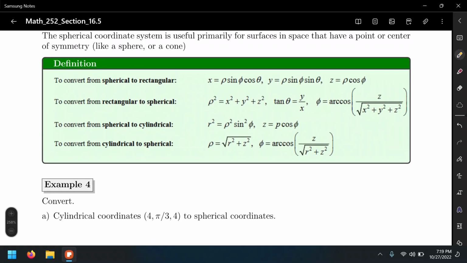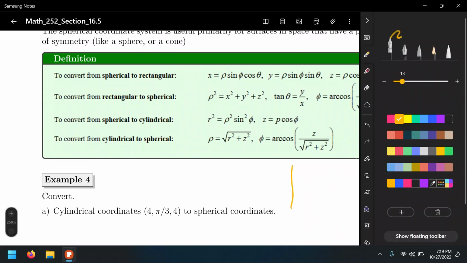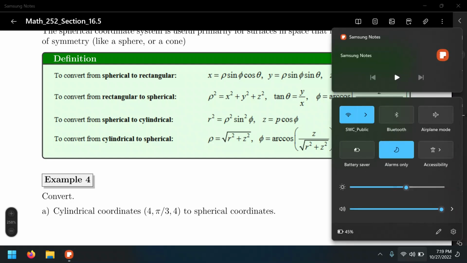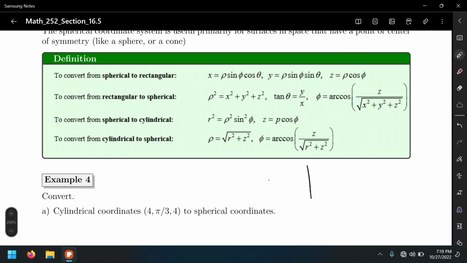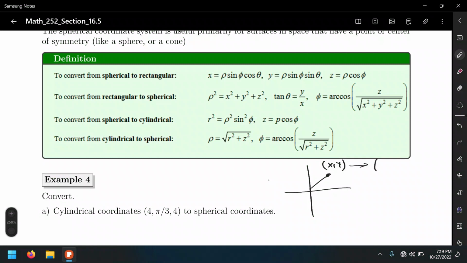Just to briefly review, how do we go from a point x, y in the rectangular system to r, theta, polar coordinates?